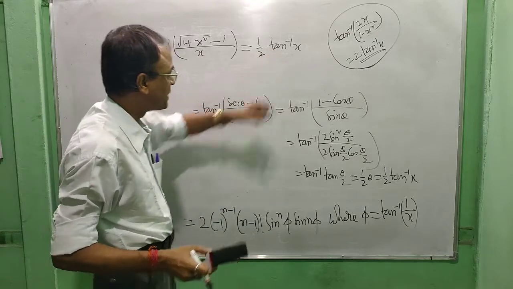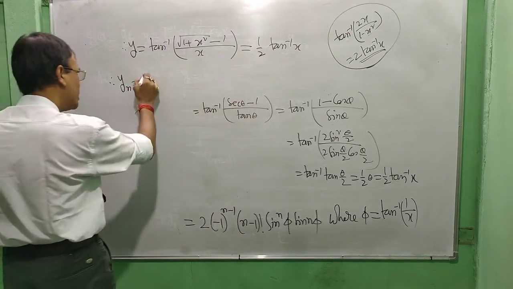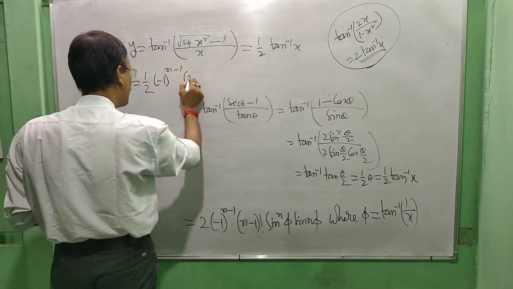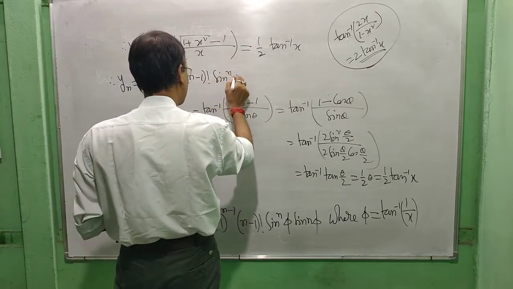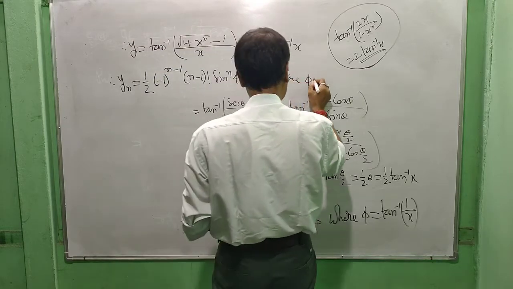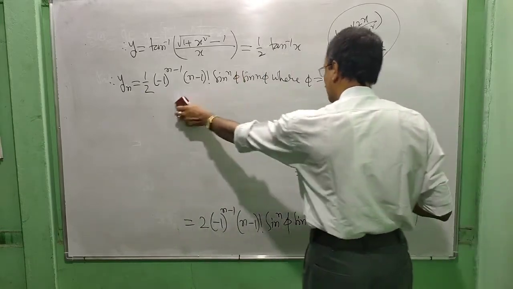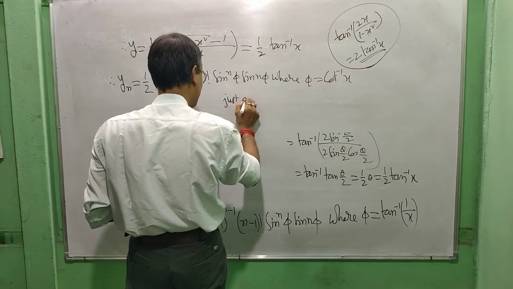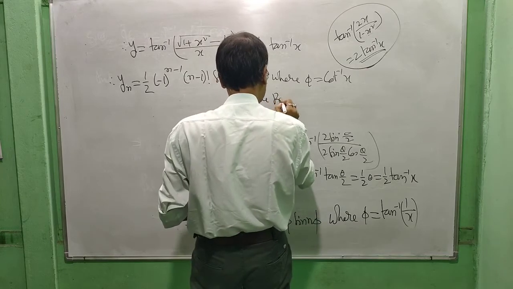Therefore, for half of tan inverse x, yn equals half, and the other terms are as they are: factorial n minus 1, sin to the power n phi, into sin n phi, where phi equals cot inverse x, just as in the previous example.